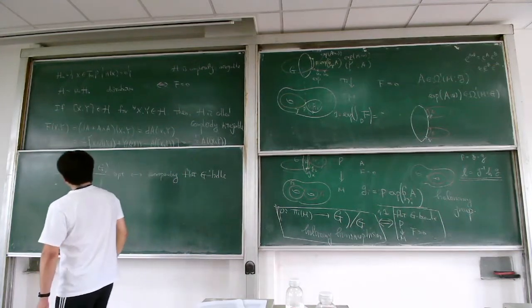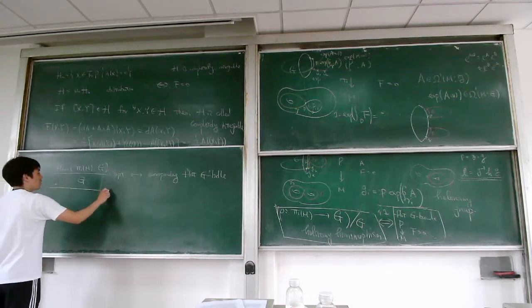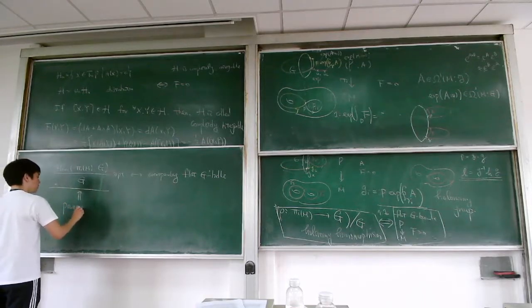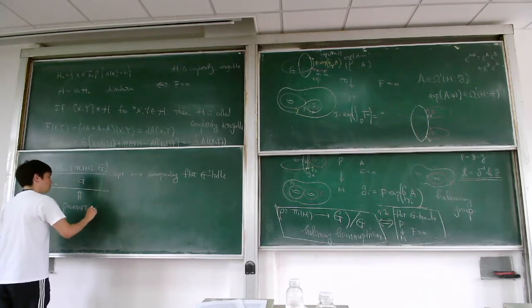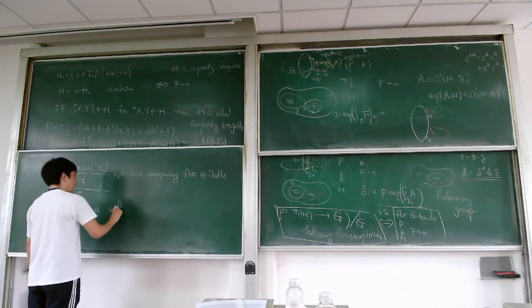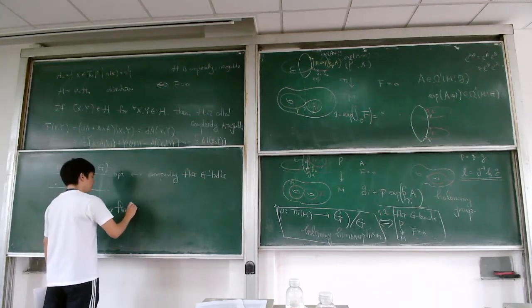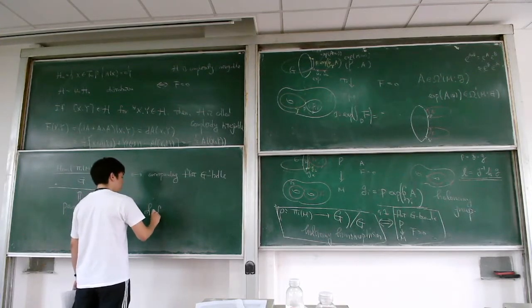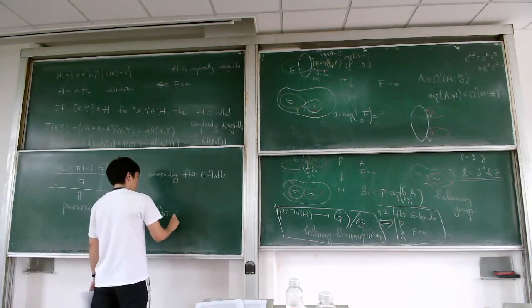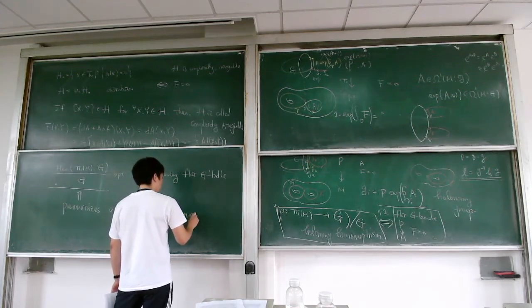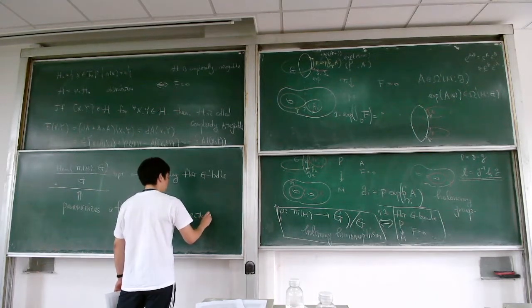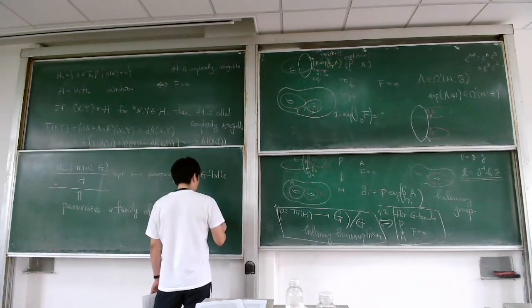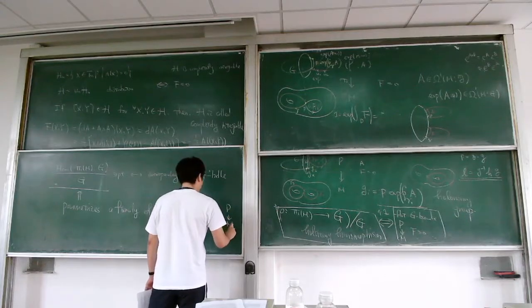More precisely, this object parameterizes a family of flat connections on the principal G bundle.